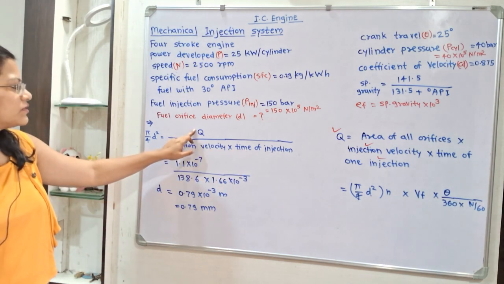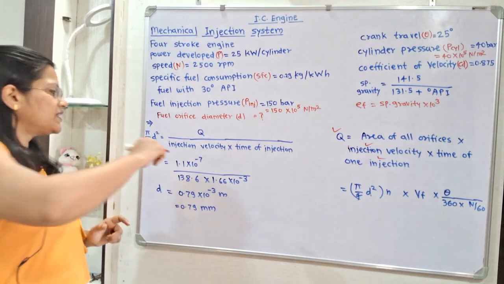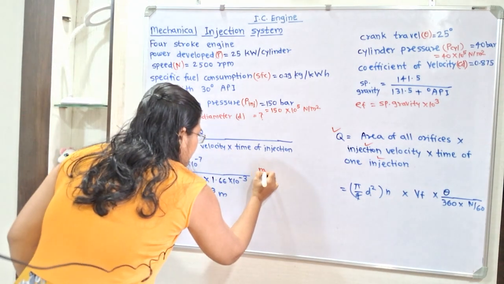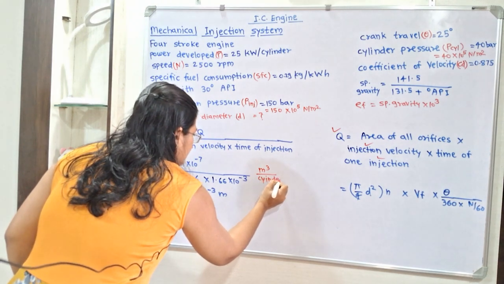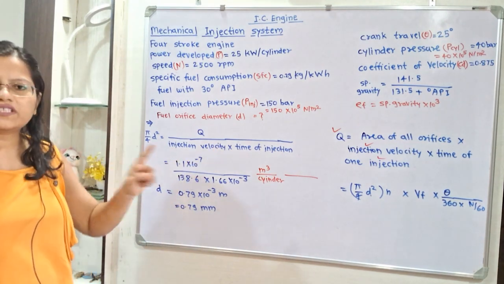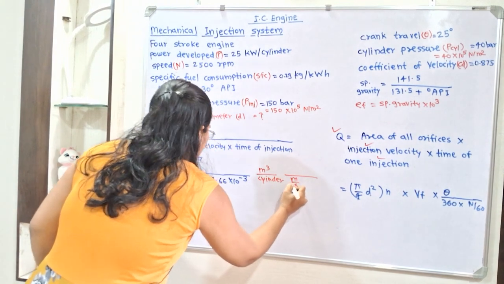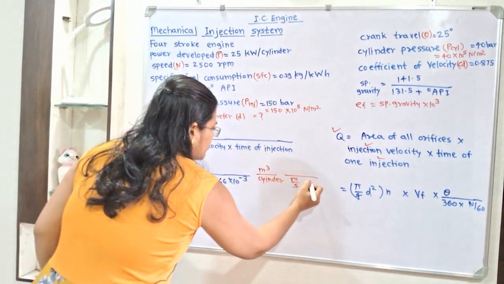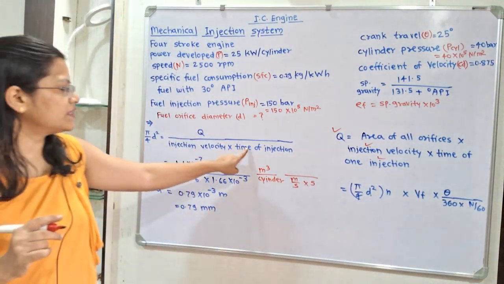Now if we observe, the unit of Q is meter cube per cylinder. Then injection velocity, it is meter per second. And time of injection, it is calculated in terms of second.